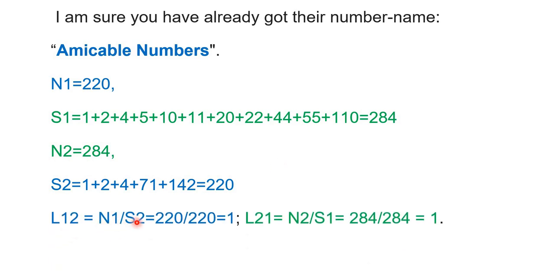L12 is N1 by S2. So in blue, N1 by S2, 220 by 220, so it is 1. And in green color, L21 is N2 by S1, so 284 by 284. Again, it's 1. So this pair is, of course, our life partners, a perfect match.